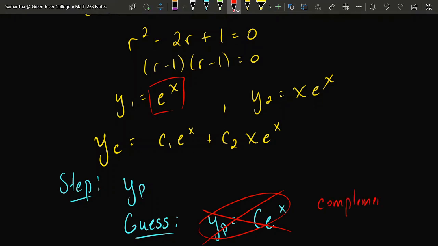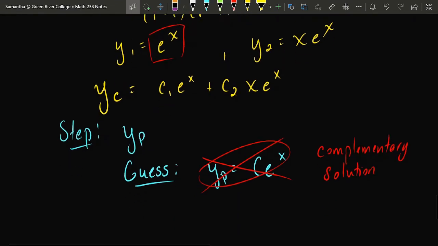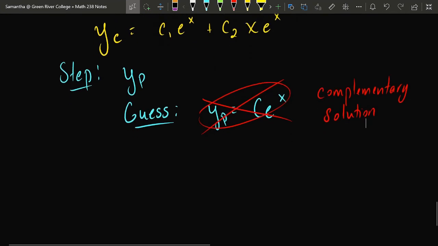We found it in step number 1. So I'm going to take my initial guess and I'm going to multiply it by x. This gives me cx e to the x.